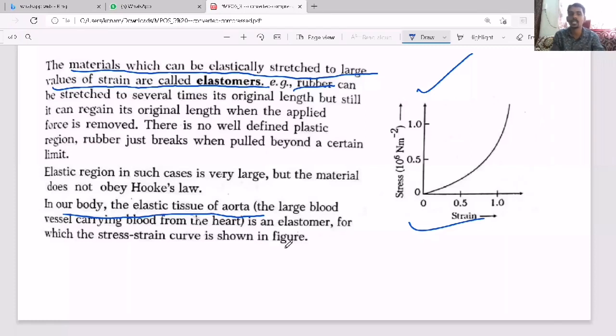That is what we call an elastomer, for which the stress strain curve is as shown below. Just I have given one example. Even in the human body the vessel through which the blood circulation happens from the heart also acts like an elastomer. That means it can be stretched. So that is the meaning of elastomers. And the best example for elastomer is rubber.